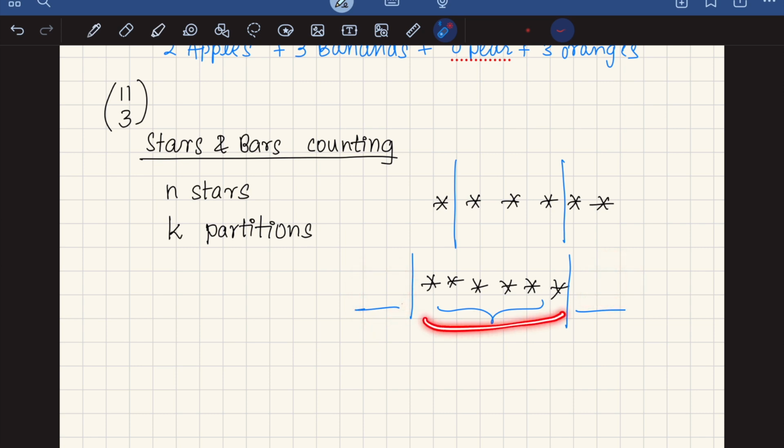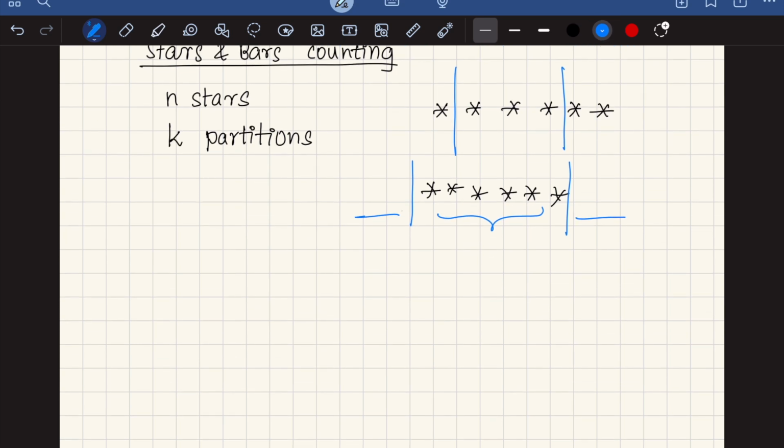That is also allowed. So the question is, how many ways can you do these partitions? Also, notice that if you want to make k partitions, how many bars would you have to put?